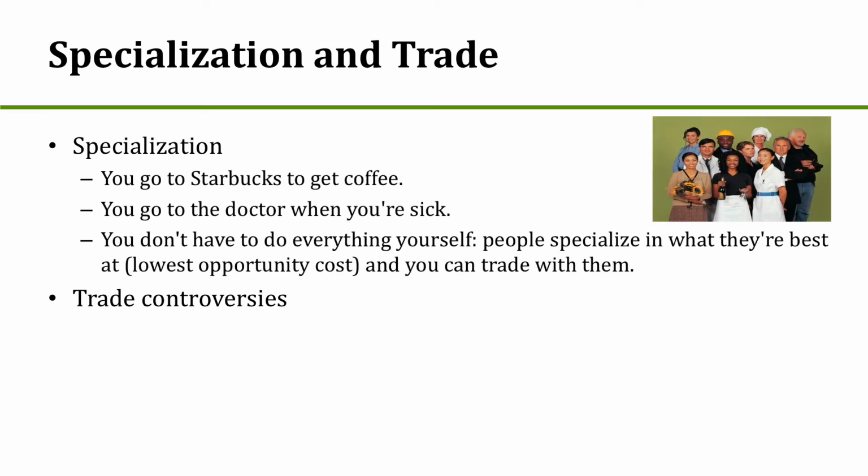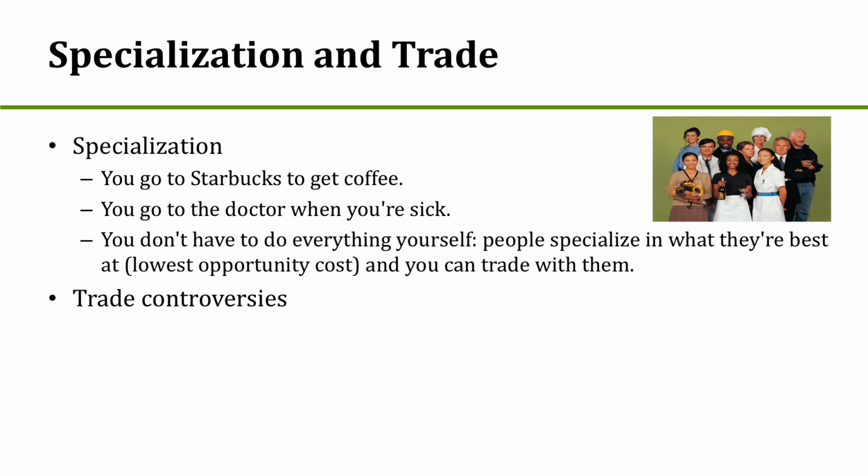So one more topic to cover. You know specialization from the previous week, but I want to emphasize it again. With specialization, you go to Starbucks to get a coffee, and you go to a doctor when you're sick. You don't need to treat yourself, or make your own coffee, because you're going to Starbucks.